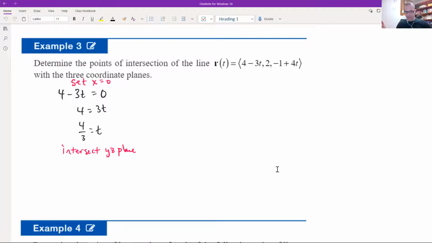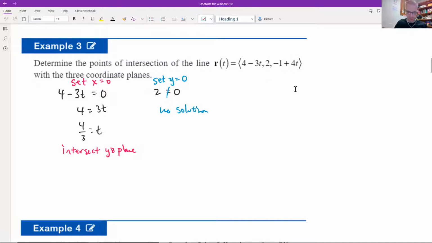And very similarly for the other ones, we would set the y value equal to 0, but 2 equals 0 does not have a solution. Which means that we wouldn't intersect the xz plane here because the y value is always 2.